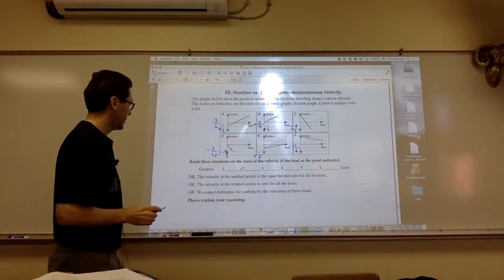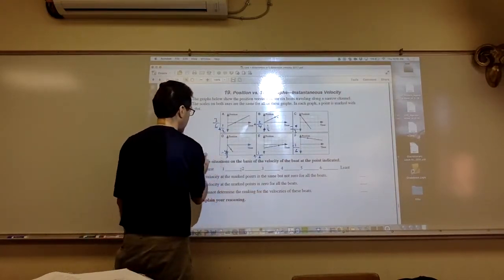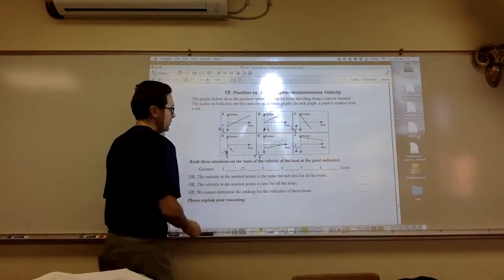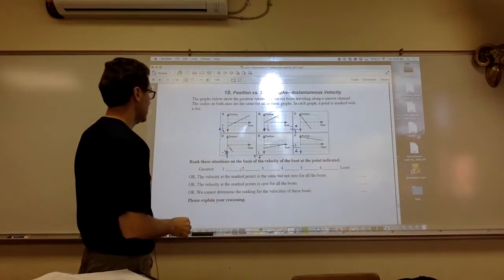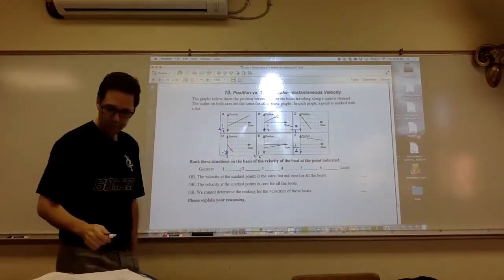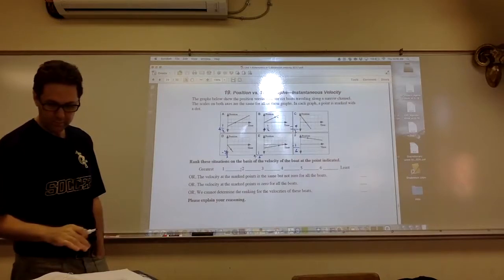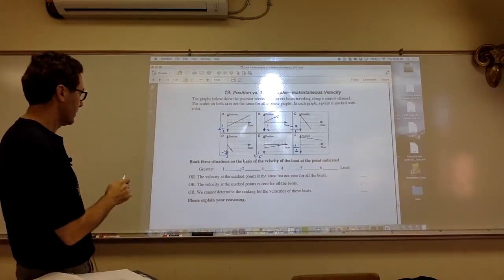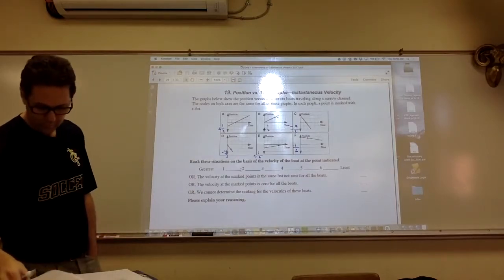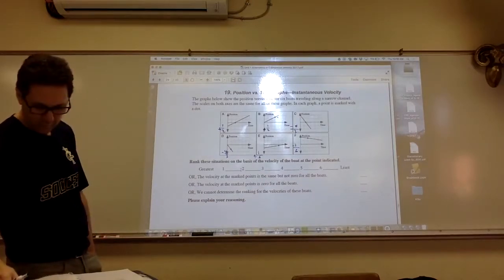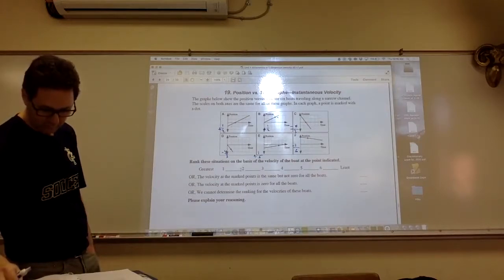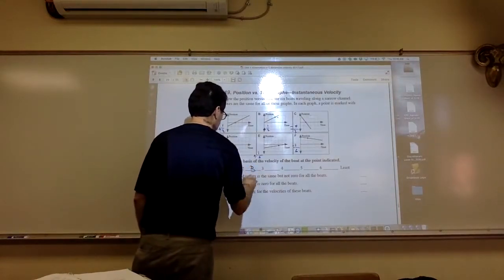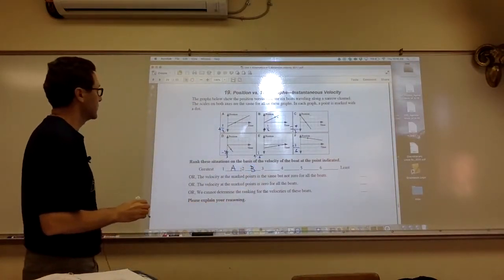So let's rank these velocities. So I'm going to get rid of all this extra junk here. Okay. So which one is the highest? It looks like it's A and B. Yeah, this is A and B. Okay.